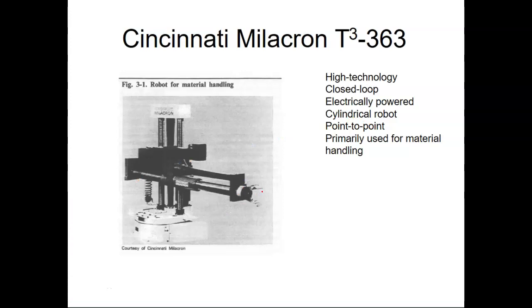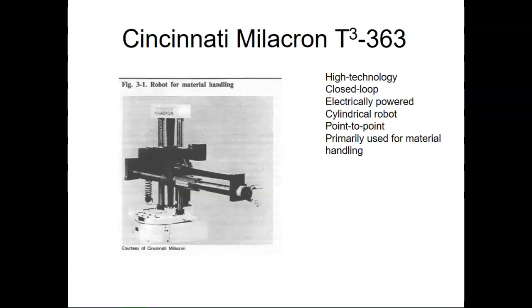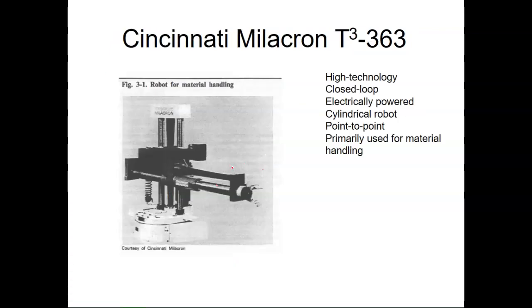He's able to do point to point, so in other words, he's got different points that are going to make him move around his work area to do whatever job he's being made to do.